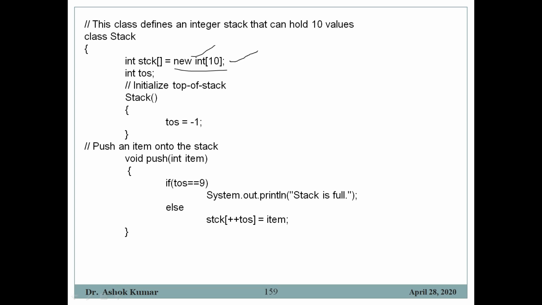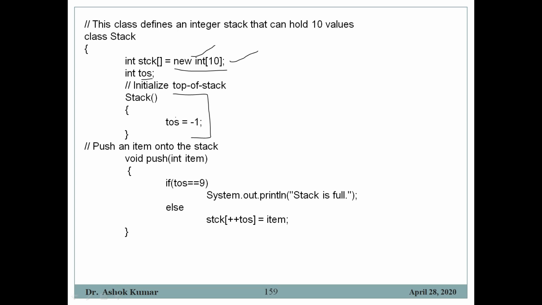Here we are allocating the memory at the declaration. A stack always has a variable called top of stack to keep a record of the top element of the stack. This is the non-parameterized constructor. It will initialize TOS, the top of the stack, to -1, and this condition indicates that the stack is empty.